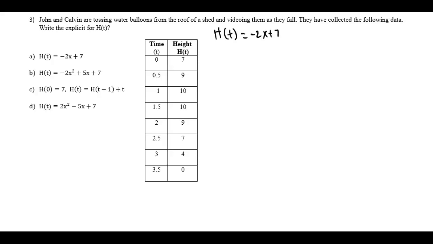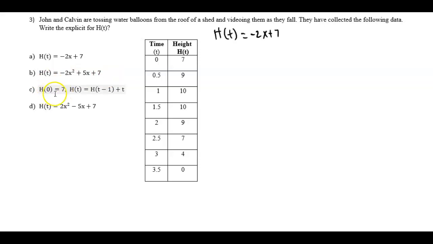If t is 0, part A is true, because negative 2 times 0 is 0, and 0 plus 7 is 7. So that will be true. And it will also be true for this one, because 0 squared is 0, negative 2 times 0 is 0, 5 times 0 is 0.